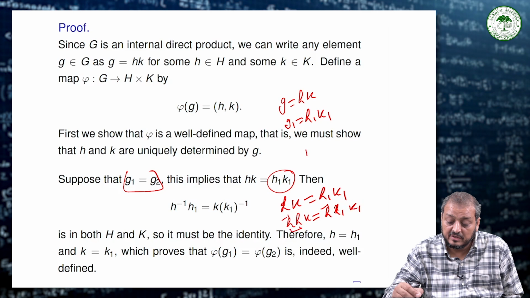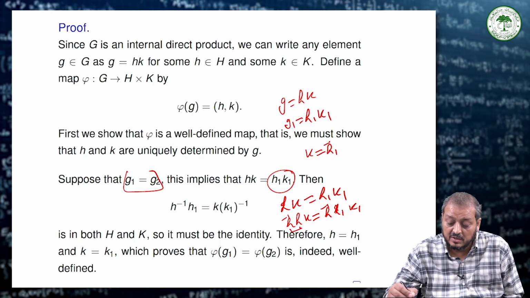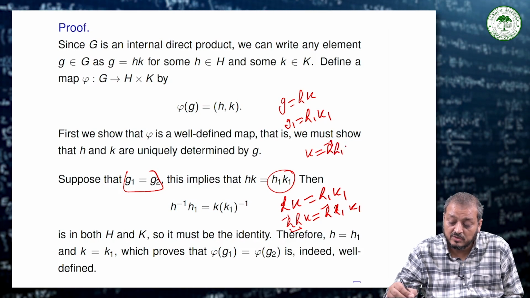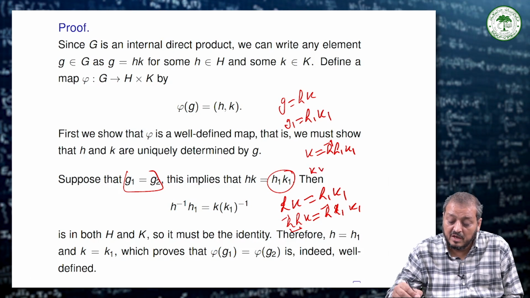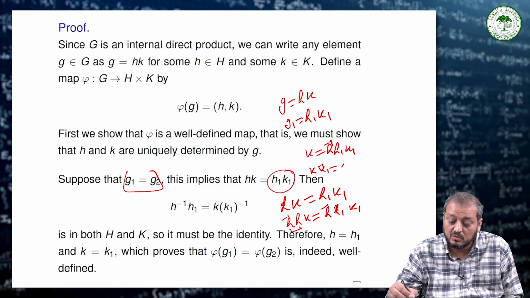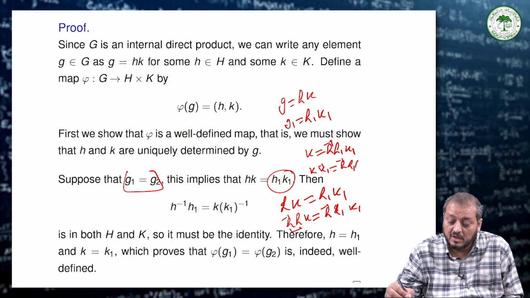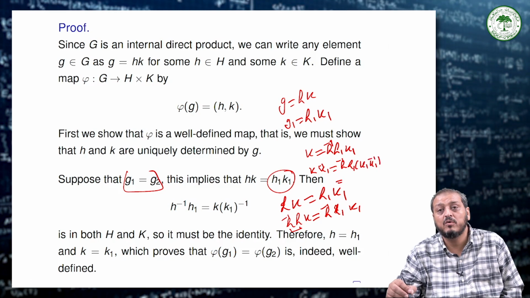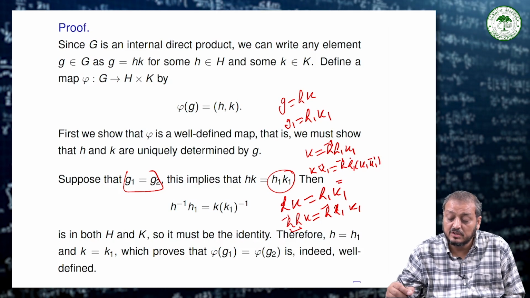So k can be written as h inverse h1 k1. Then k k1 inverse is equal to h inverse h1 times k1 k1 inverse, and because k1 is an element of K, and K is also a subgroup, we can say it in this form.